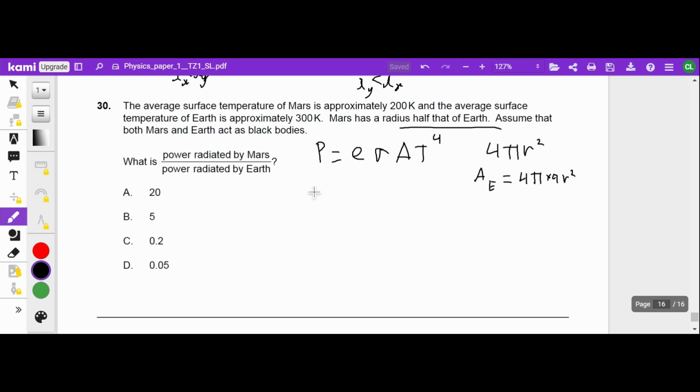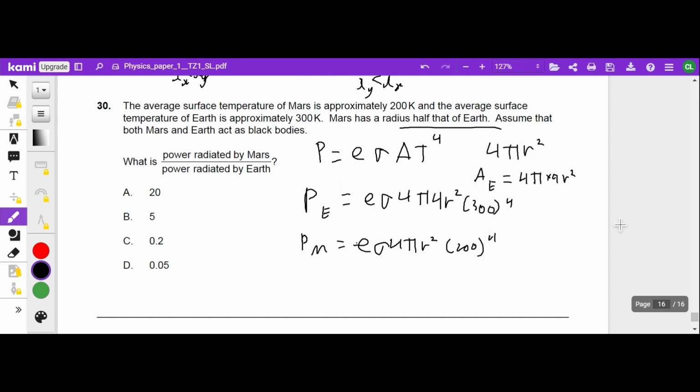So power of Earth equals emissivity times 4 pi times 4 r squared times 300 to the power 4. And then power of Mars is emissivity times 4 pi r squared, and then 200 to the power 4.